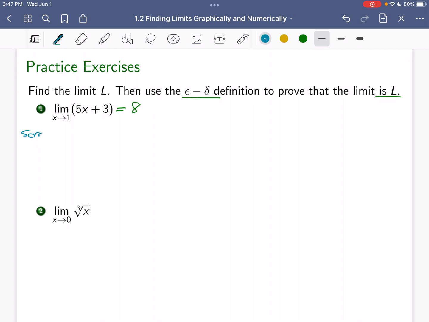So, some scratch work. We will have the absolute value of 5x plus 3 minus the limit, 8, is less than epsilon. We want to get that down to the absolute value of x minus 1 is less than delta.